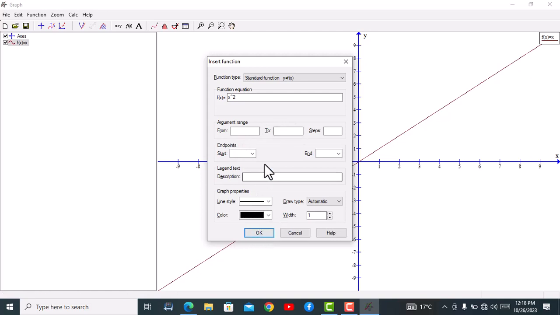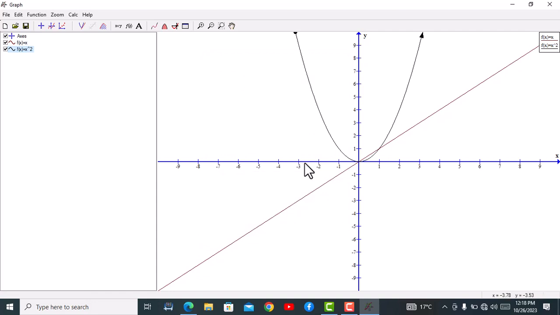Let's check what is happening. Let me specify some things. I want it to start with this red and end with this, and I'm not specifying the argument range there. And then I just press OK.